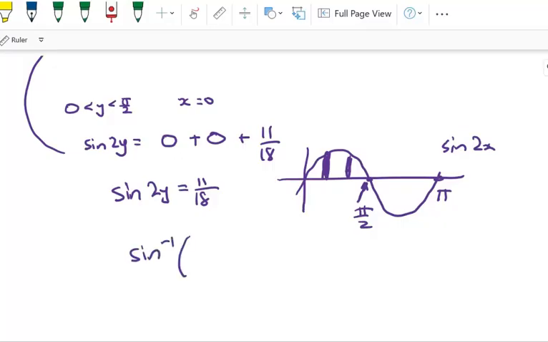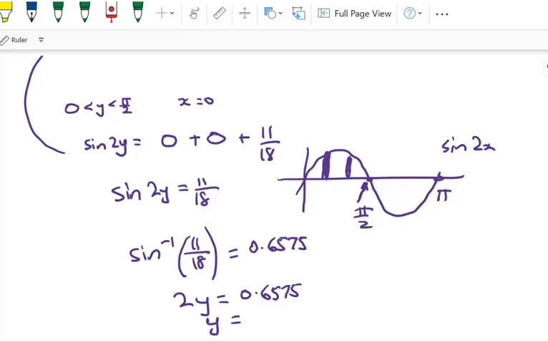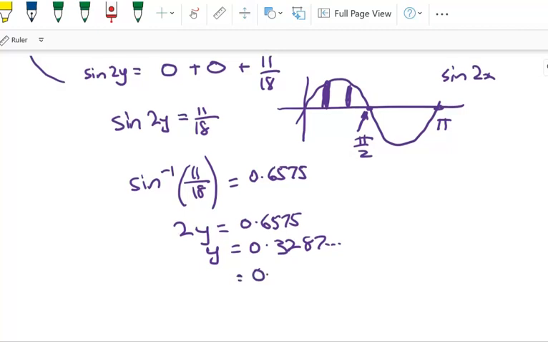So the angle whose sine is 11 on 18 will be 0.6575. So that's giving me 2y is equal to 0.6575. So my first value of y will be 0.3287, which to 3 significant figures is 0.329.